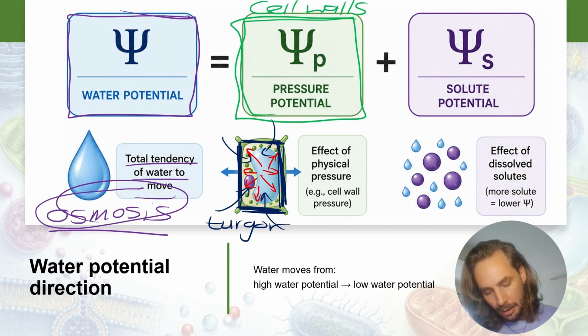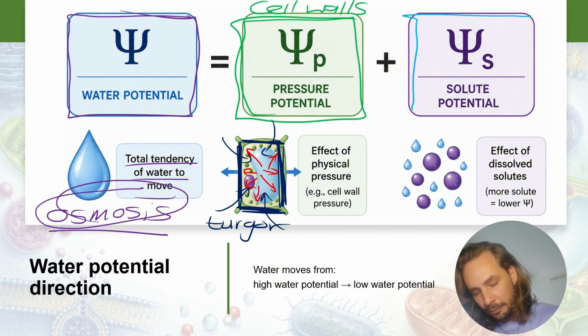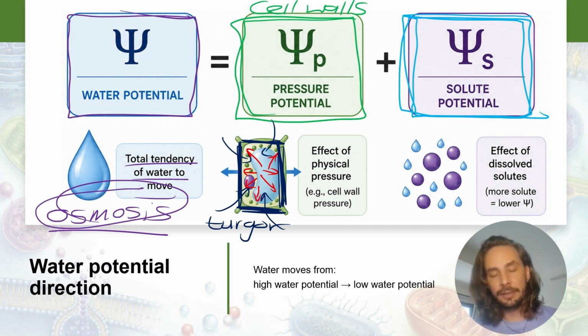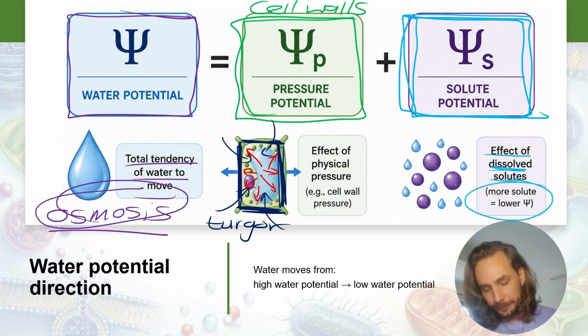And then finally, we also calculate the water potential by adding the solute potential. Now, this is the effect of dissolved solutes. So if I have more solutes, it would lower the water potential.